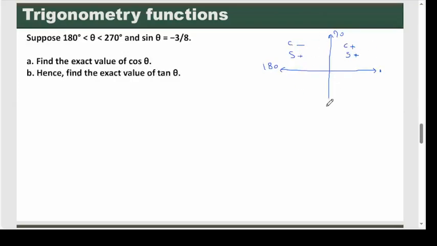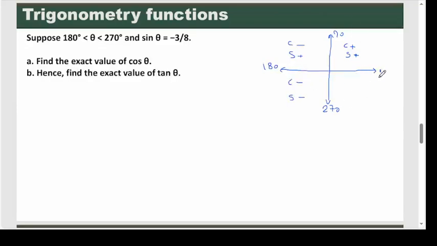Now I will go between 180 and 270, where we see cosine again is negative, and sine, which is related to the y-axis, is negative as well.